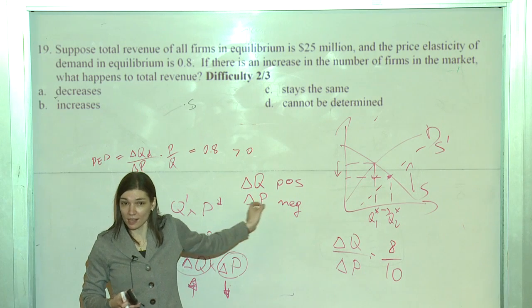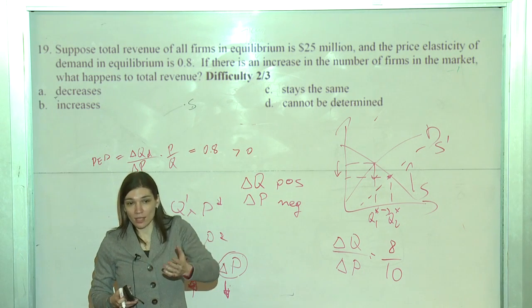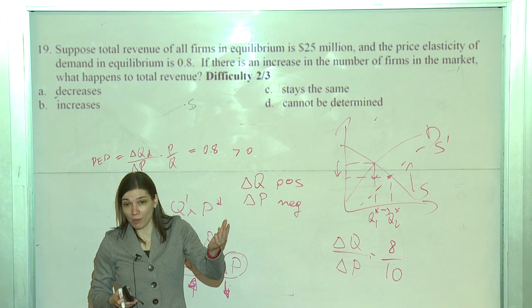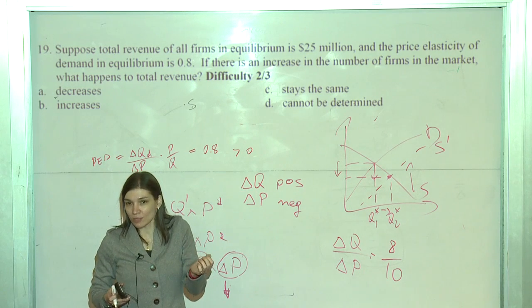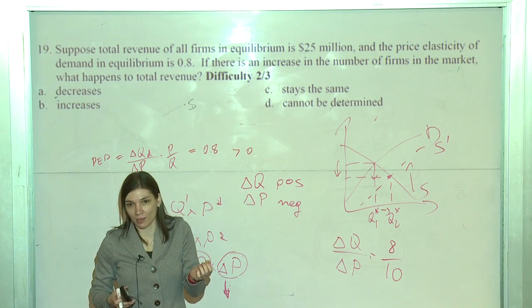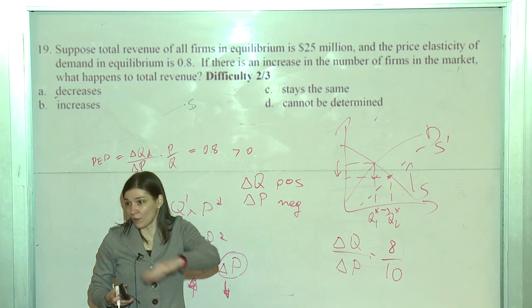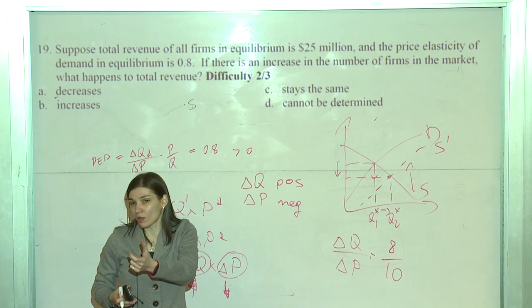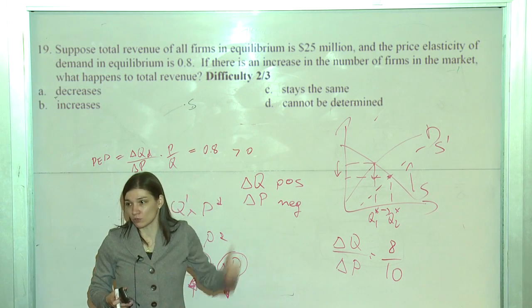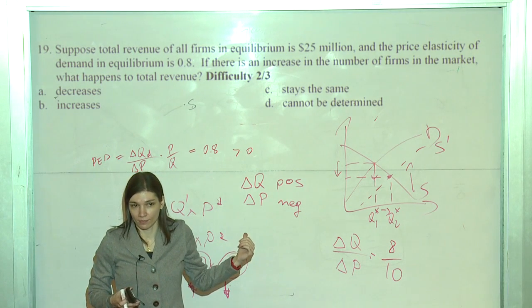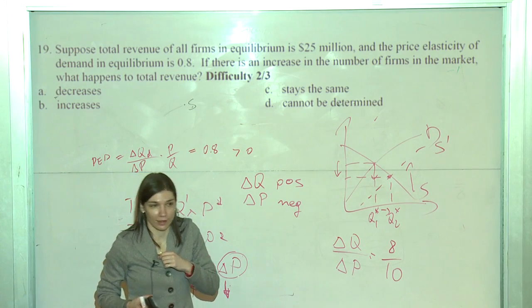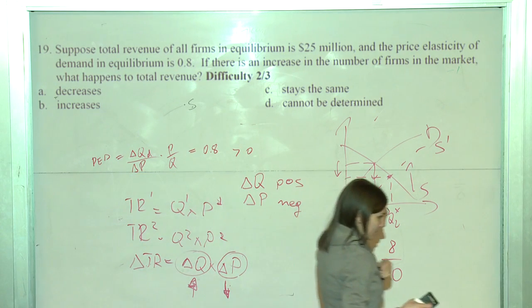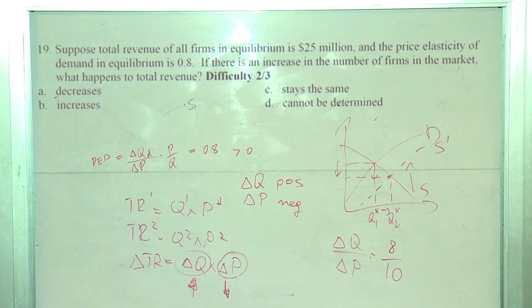But if it's inelastic, as in this case, so you cut the price in half, buy one, get one free, but not too many people are coming in, not too many new people are coming in taking advantage of this. So now you cut the price a lot, you don't get new customers, total revenue goes down, which is what we have here. Right? Does that make sense? Yes. All right, good. Sorry. Everybody got that?